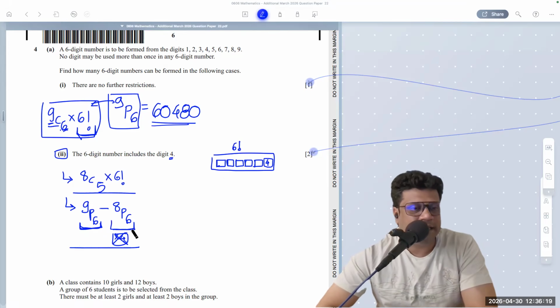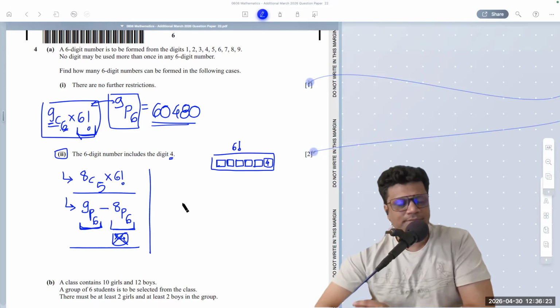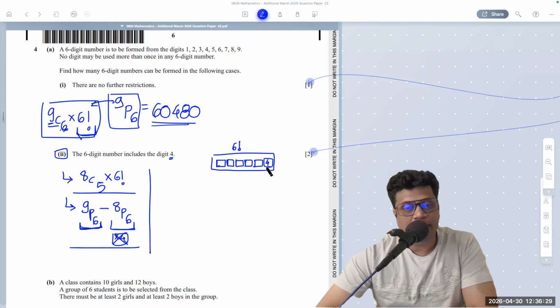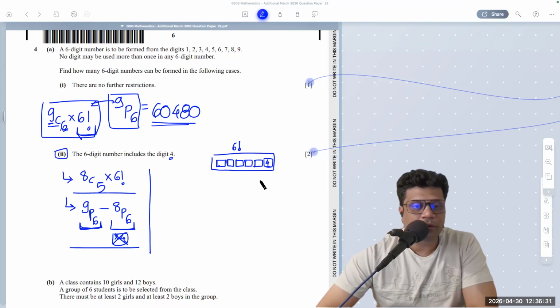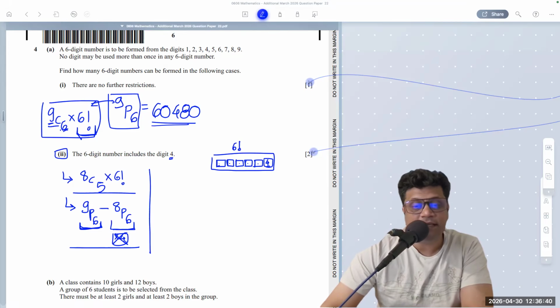I have seen them do a different approach also. I'll tell you what it is. Let's say you know you have the 4 there. There are supposed to be 6 positions that 4 can occupy: 1, 2, 3, 4, 5, 6.